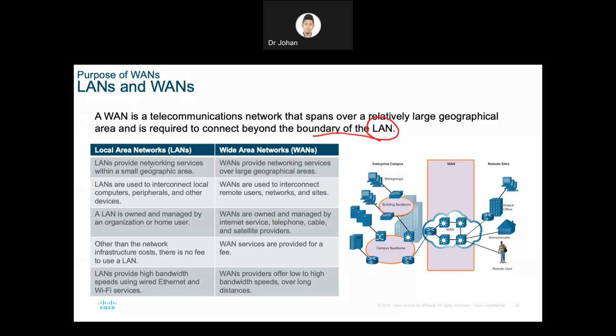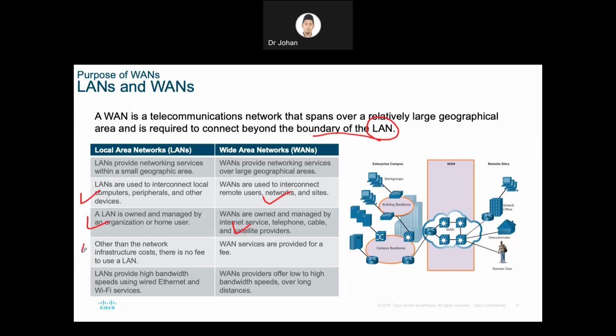LANs are used to interconnect local computers, and WANs are used to connect remote user networks and sites. A LAN is owned and managed by an organization. A WAN is owned and managed by internet service, telephone, cable, and satellite providers.